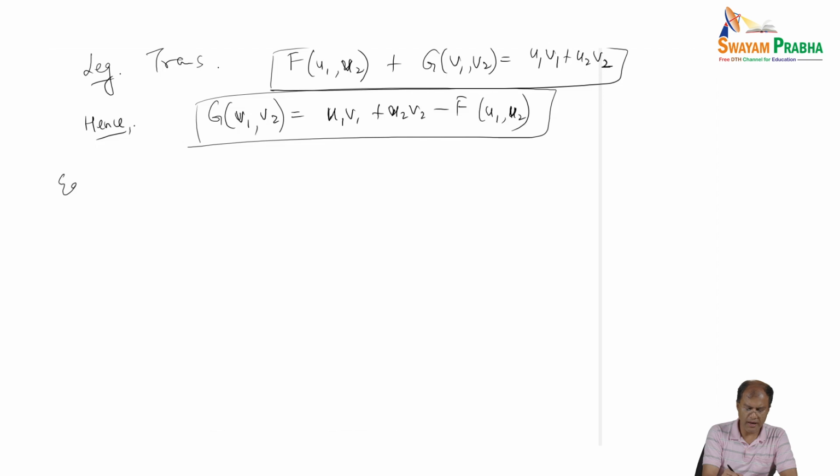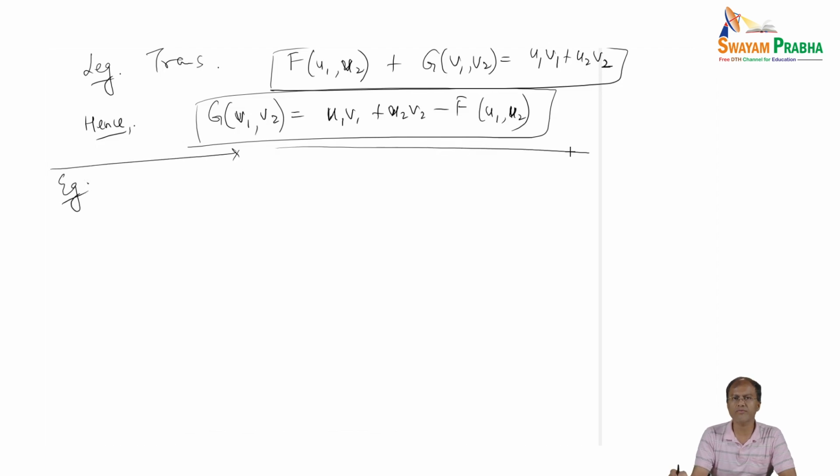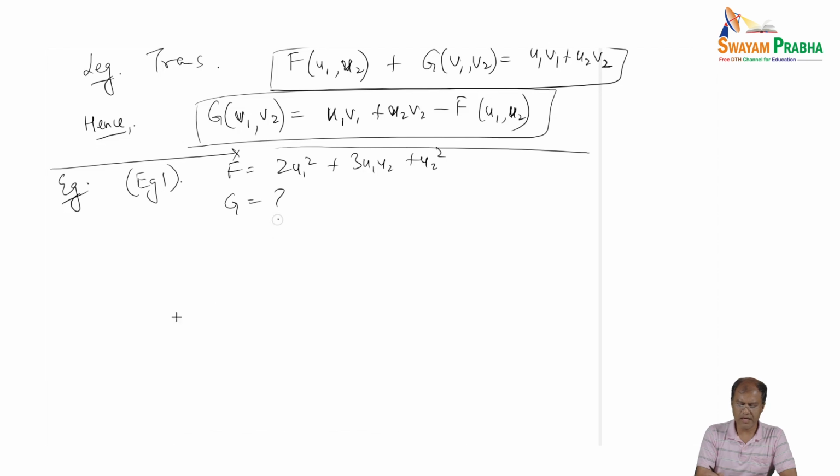So again, if we go back and look at the example that we discussed a few minutes back, this was example number 1. f was given to be 2u1 square plus 3u1 u2 plus u2 square. So now the question is, what is g here? g will be equal to u1 v1 plus u2 v2 minus f, and g itself is a function of v1 and v2.